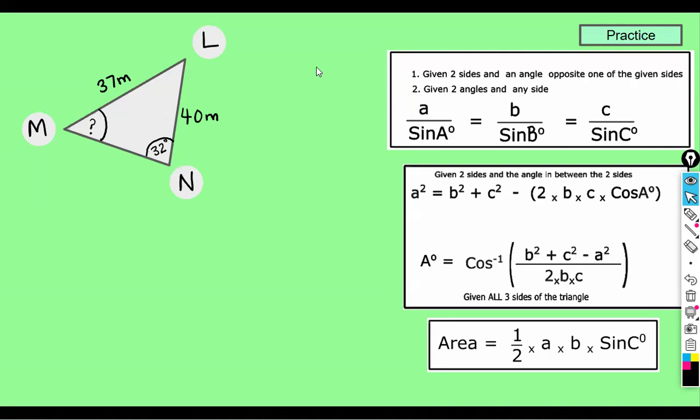Because it's a very sensitive topic. If you're off by 0.001, your answer does look significantly different. So anyway, get started on this question, label your triangle, and send the answer for angle capital M. Good luck. I'll give you 2 minutes to refresh your memory.